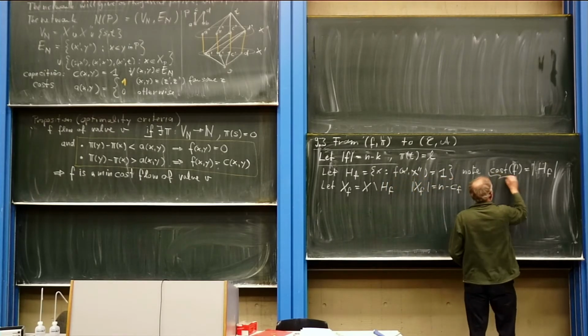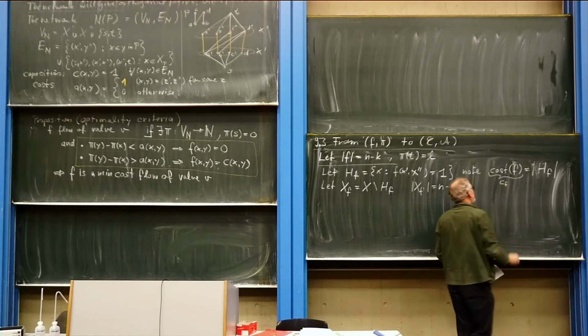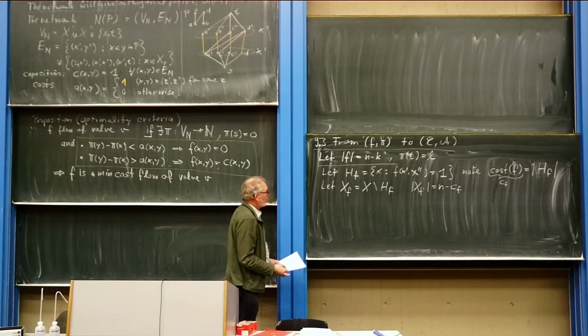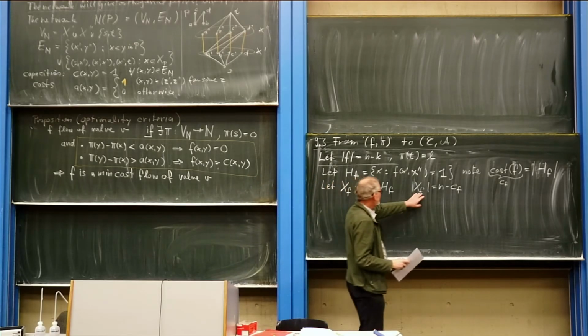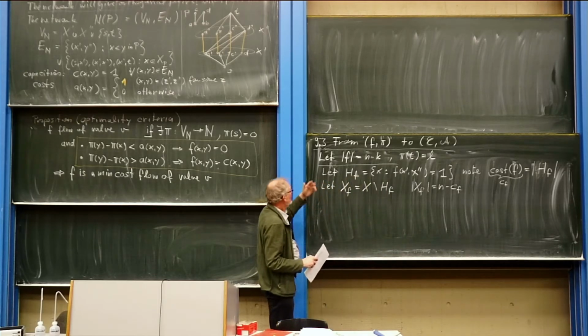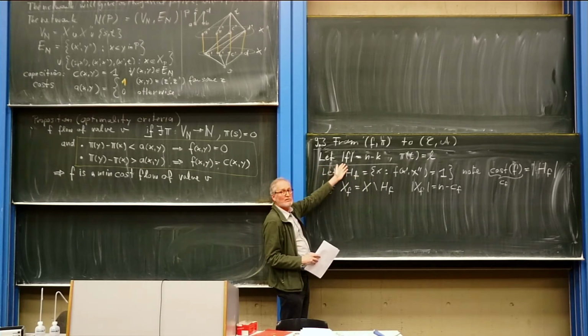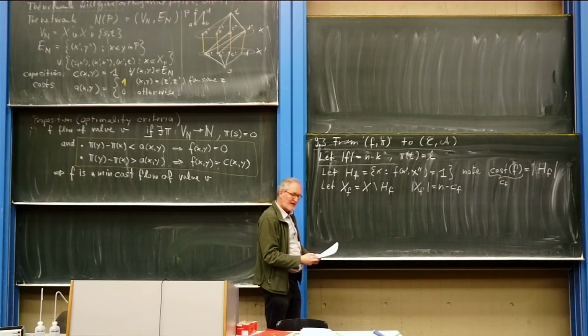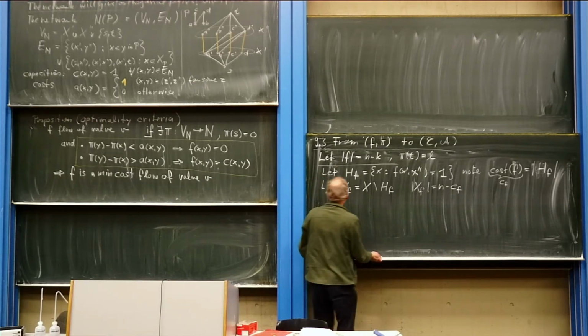We abbreviate this as C of F. And now on this set, we look at the flow, and the flow on this set is a matching in the split.